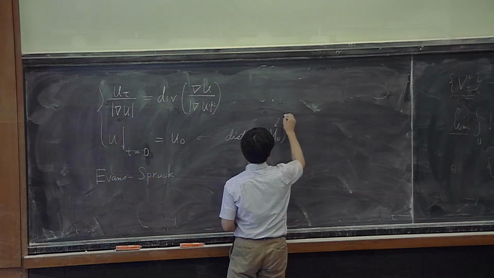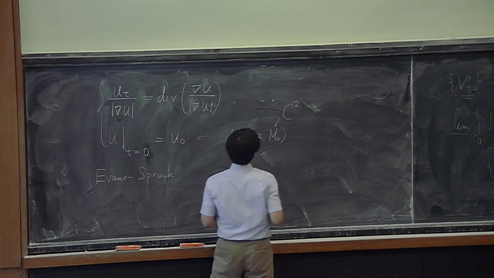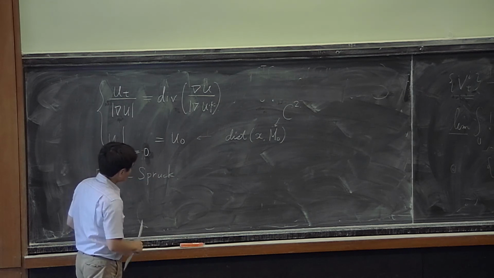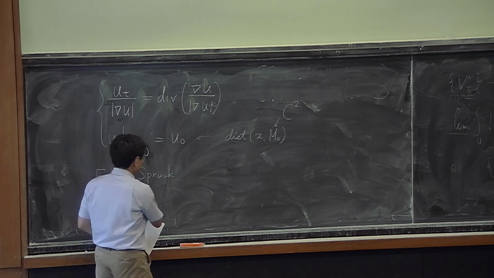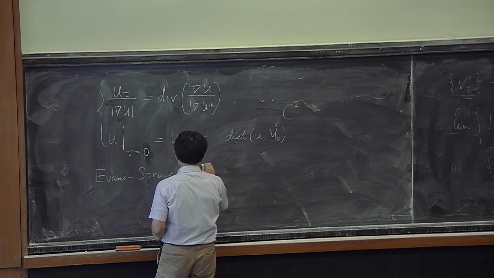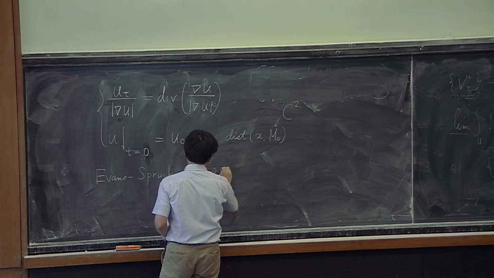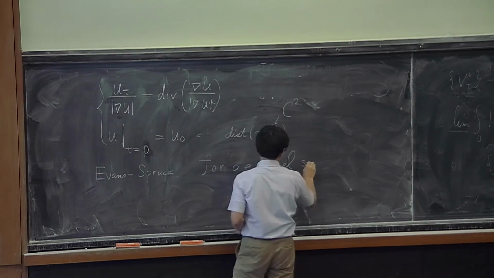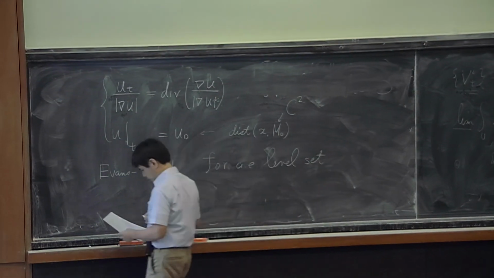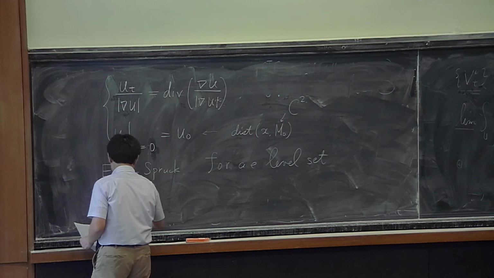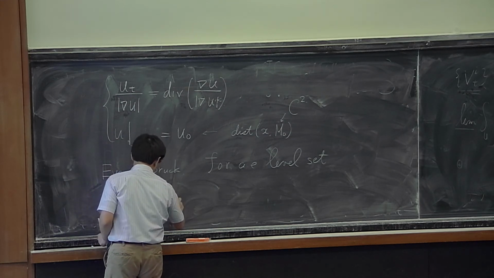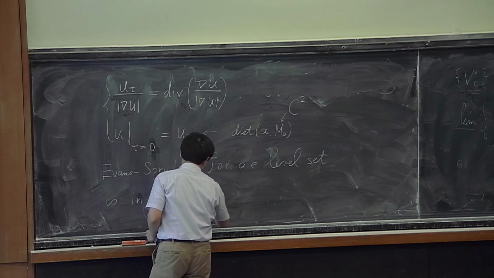So suppose M_0 is say C^2, okay, so it's actually smooth. But Evans and Spruck proved that then for almost all level set, is in fact Brakke's mean curvature flow.